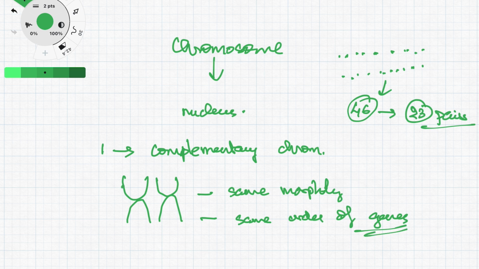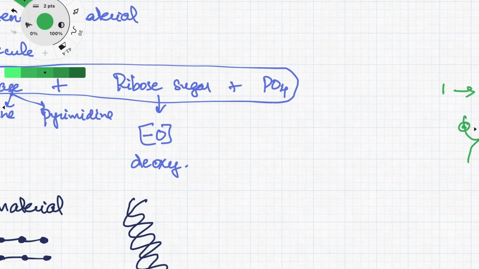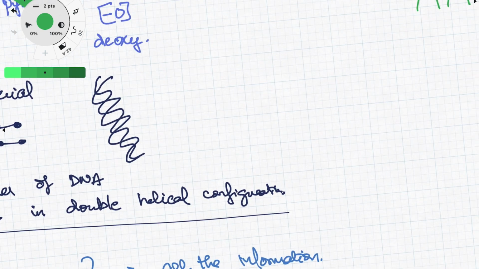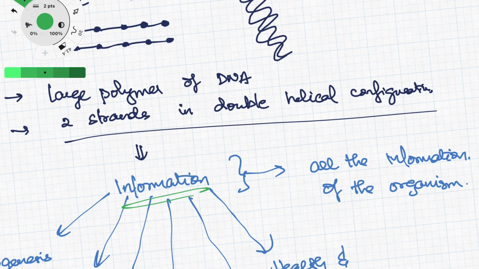That means if you take a position in one chromosome and compare the same position in the other chromosome, the genes located there will be the same, and they will provide similar information. As I told you, the DNA molecule itself is providing information, right?